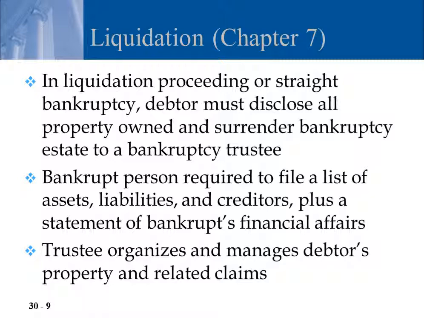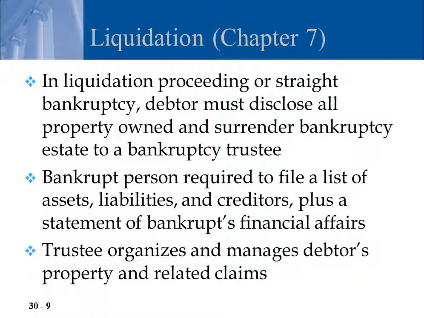A failure of the bankrupt person to file the information noted above, the list of assets, liabilities, and creditors, and the statement of their financial position, within 45 days of the petition results in automatic dismissal, though an extension of time is possible. So if the bankrupt person cannot get the information together in 45 days, they can ask for an extension, and it's usually granted unless there's something going on that appears to be illegal.